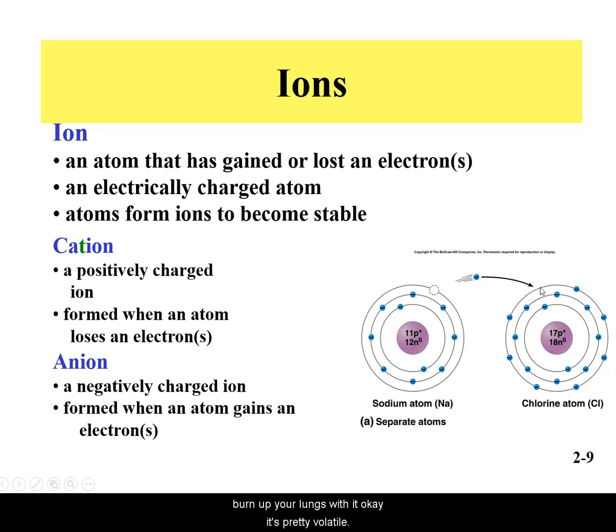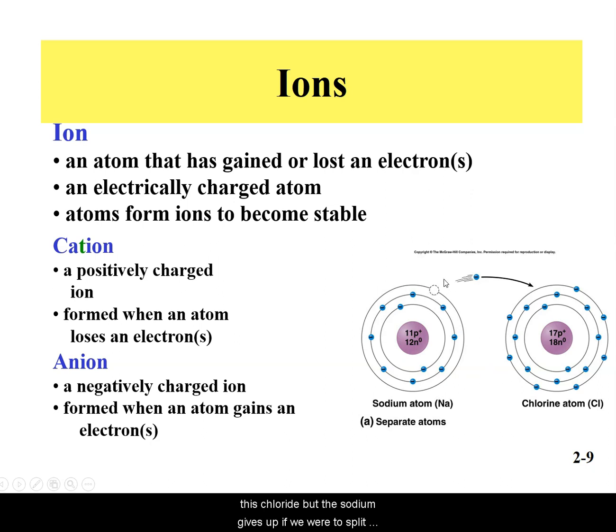Okay, it's pretty volatile. And what happens is it will receive an electron from another atom. In this case, sodium gave up its one electron, so it bonds pretty easily and forms an ionic bond between this sodium and this chloride.